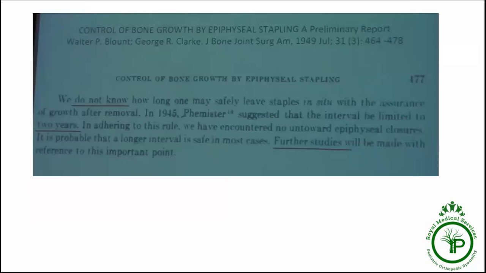So keep an eye on who those patients are that you select for this type of surgery or deformity correction. Now, this paper was published in 1949. Just read below these lines. It said, we do not know how long, and then there is a suggestion of around 2 years, and at the end, it says further studies are needed.